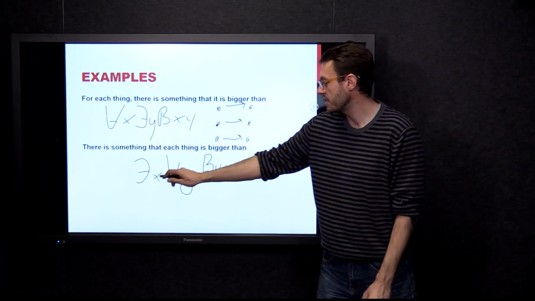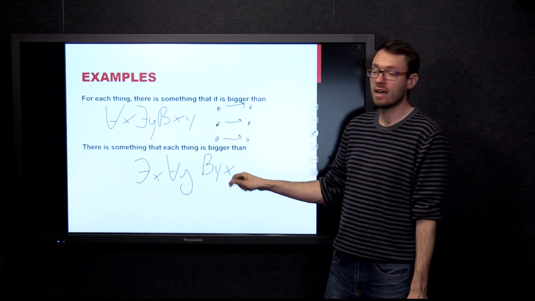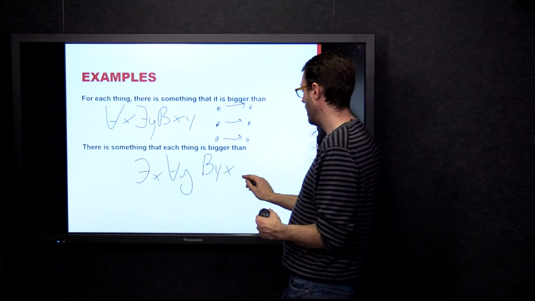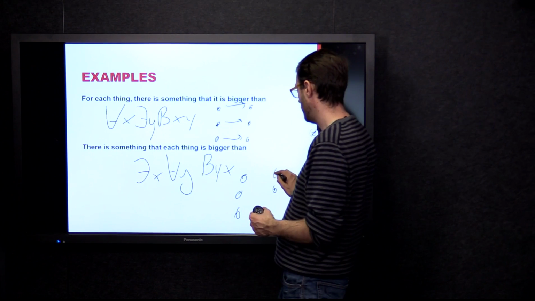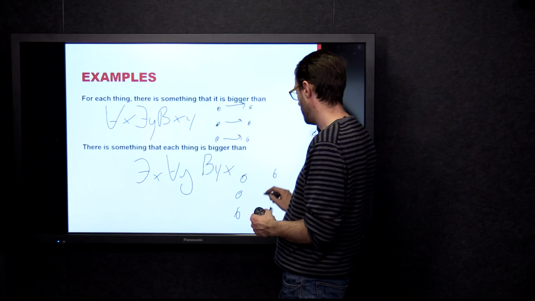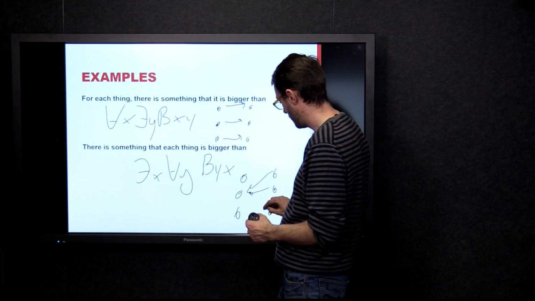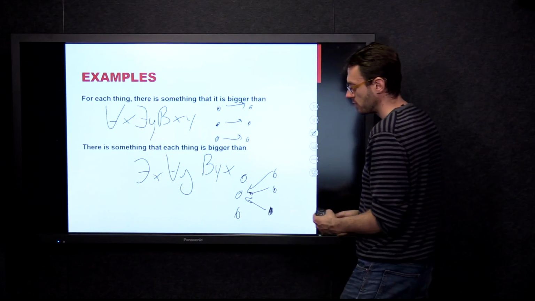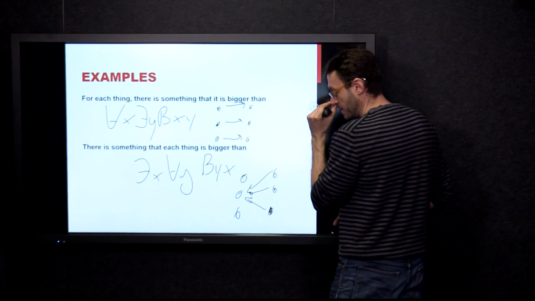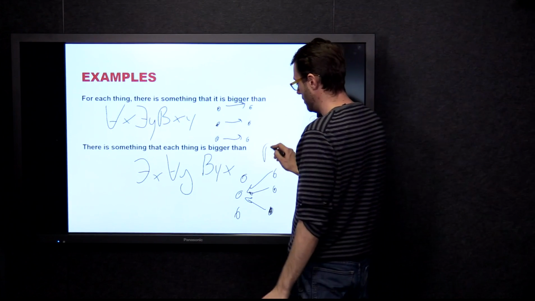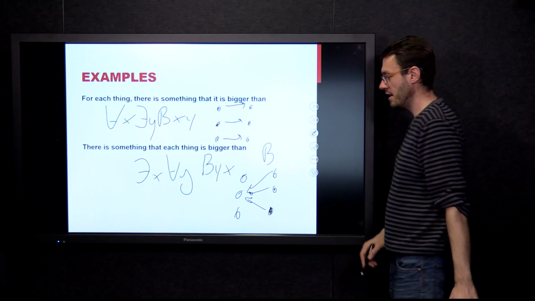So there exists something such that everything is bigger than that thing. So if I were to draw a picture of this, I'd end up with something like this picture. There exists something such that everything is bigger than that thing, where the bigger than relationship here is going from right to left.